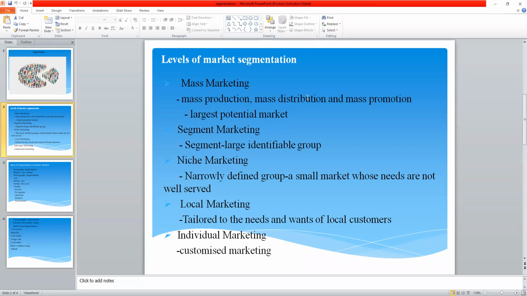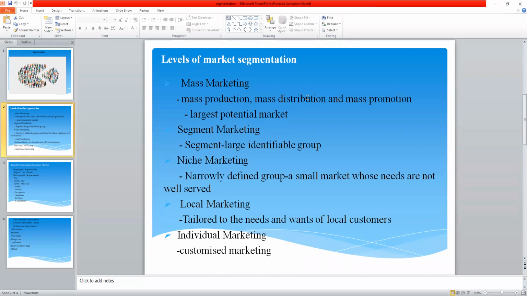Now here, a very good example is the Chitre products, which started with local marketing by increasing the portfolio of the products. They started with local marketing and slowly and steadily they entered towards global marketing.